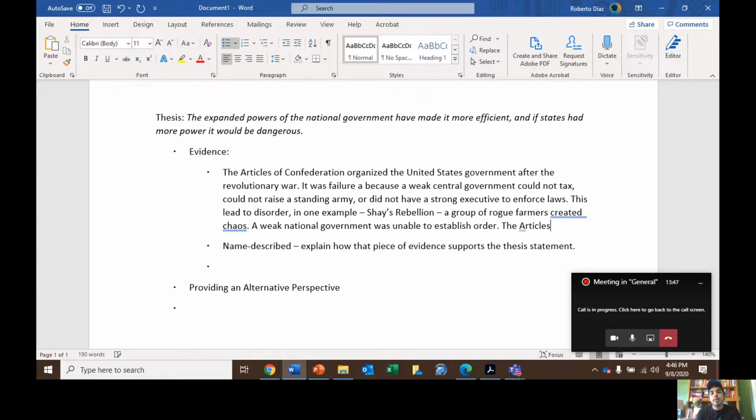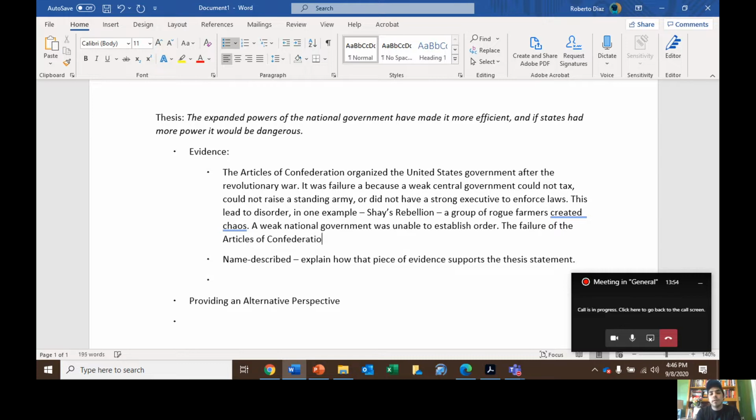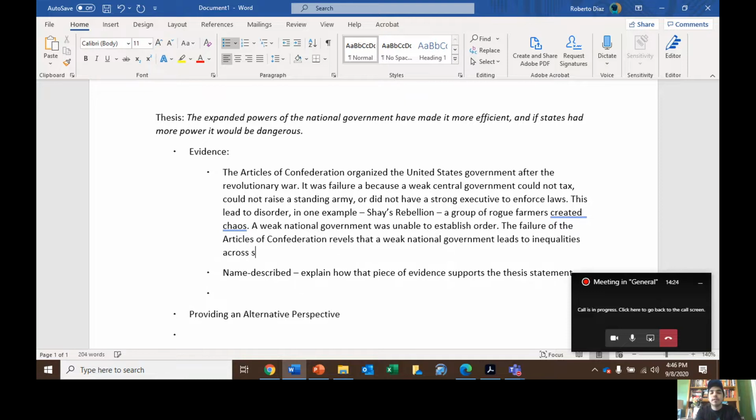You could say the failure of the Articles of Confederation reveals that increasing power, weak national government leads to inequalities across states.